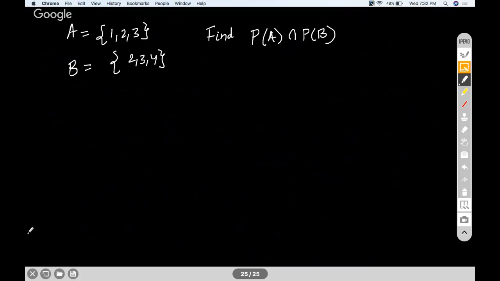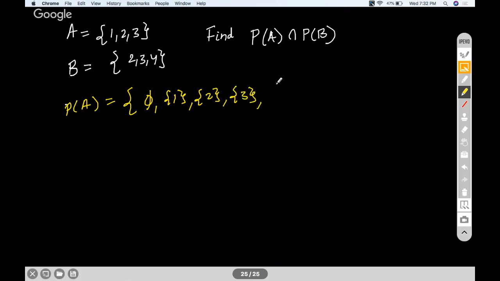Yeah. So basically, if you try to do it by the regular method, the power set of A would contain null set, 1, 2, 3, 1 and 2, 2 and 3, 1 and 3, and 1, 2, 3. Correct?